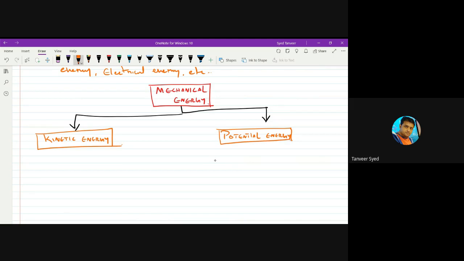Kinetic energy and potential energy. What are these two types? Kinetic means motion. Anything which is moving, we call it kinetic. So the energy possessed by a body due to its motion is kinetic energy.